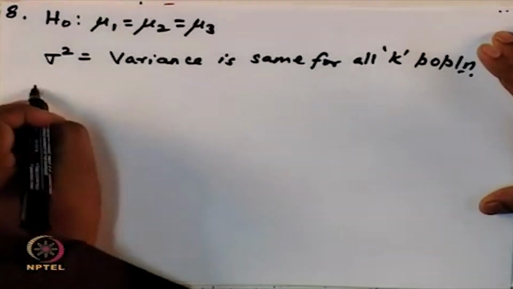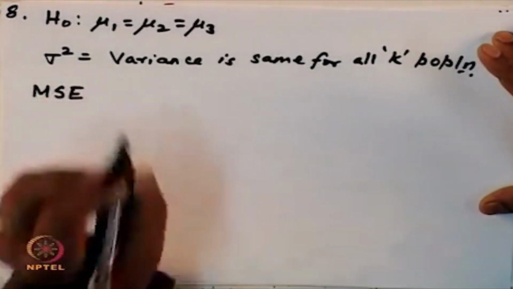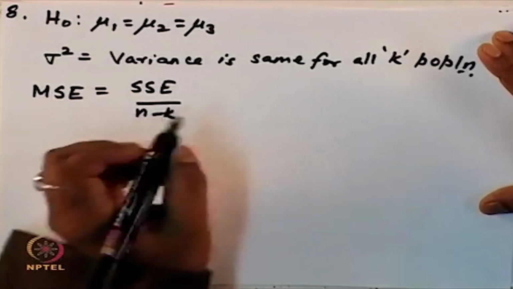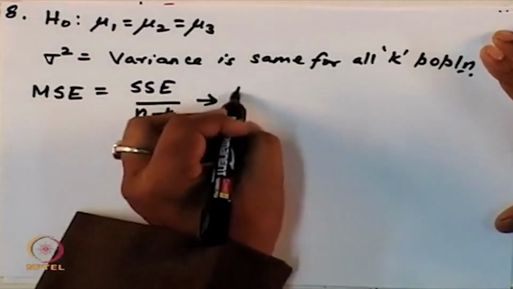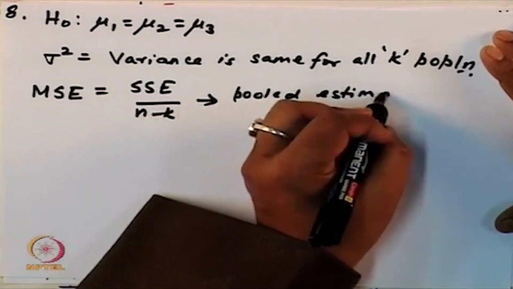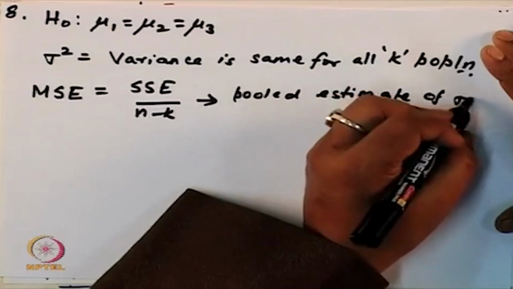Okay. So, our MSE, which is given by SSE by n minus k, provides us with a pooled estimate of sigma square.